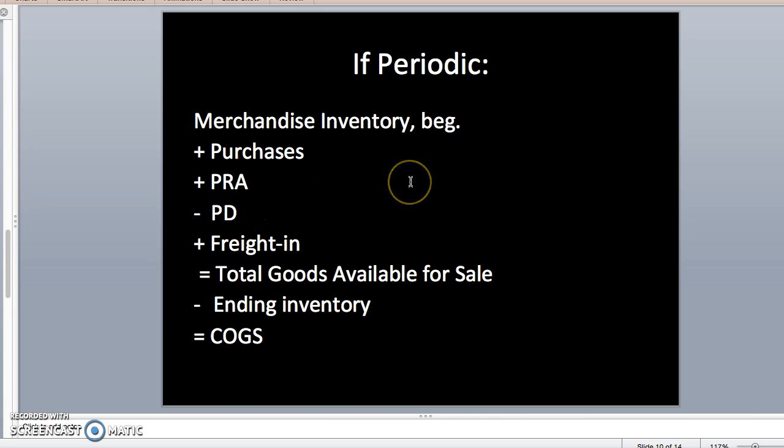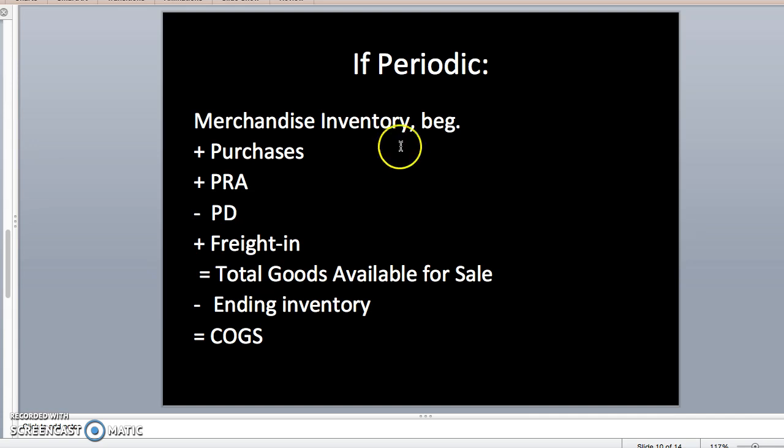As compared to the perpetual inventory system, every additional purchase of inventory will just be recorded as debit merchandise inventory, and any decrease in inventory will be credit merchandise inventory.